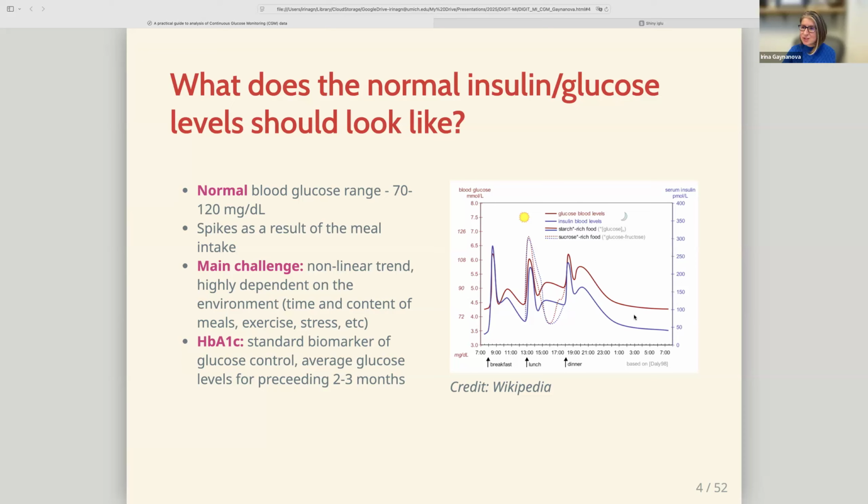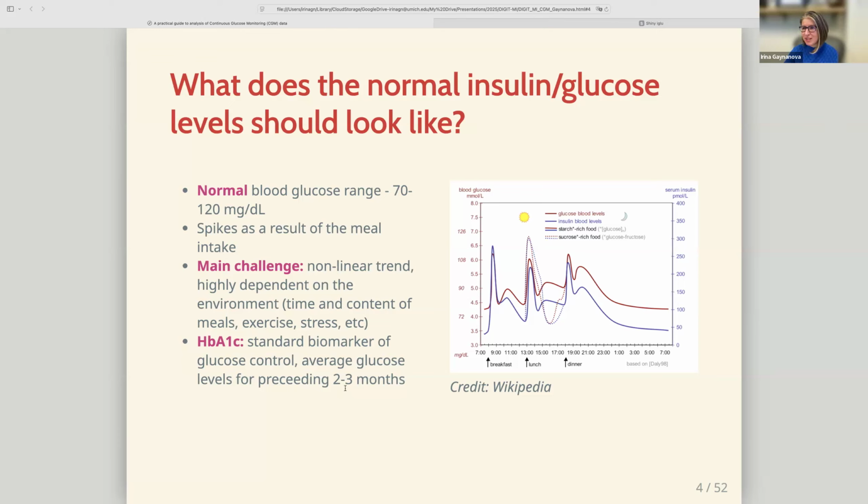This is a very cartoonish illustration because it changes a lot depending on when we eat, what we eat, whether we exercise or not, whether we have stress, how well we sleep, etc. And traditionally, when we think of glucose control, the standard biomarker is hemoglobin A1C, or HbA1c, which represents average glucose levels for the past 2 to 3 months.